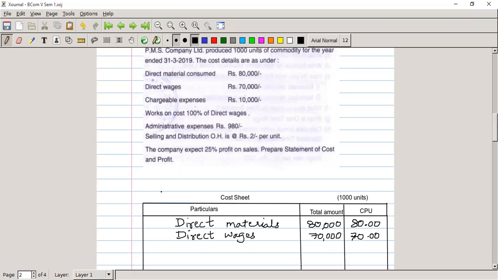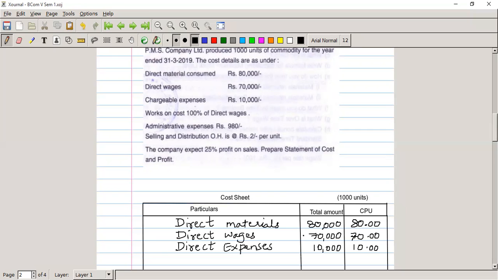We have to take it here, 10,000 rupees. When we divide it by 1,000 units, it comes to 10 rupees.